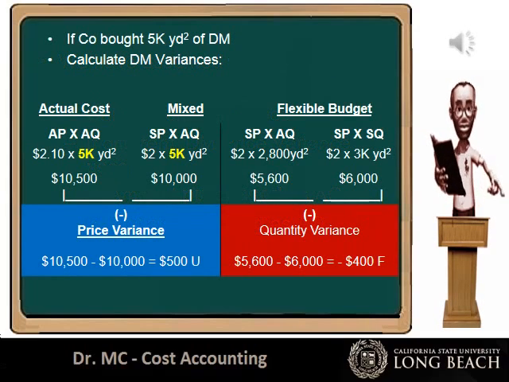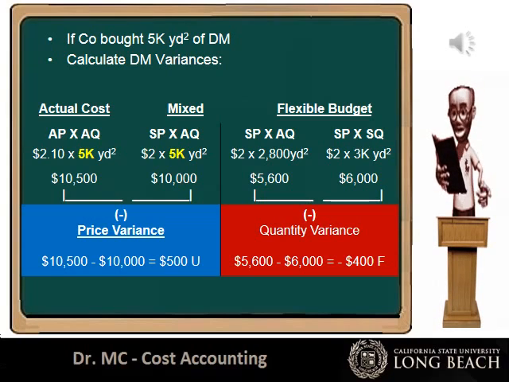Let us go back to our previous example and assume that the firm purchased 5,000 square yards of materials and used 2,800 square yards of materials to make 1,000 shirts. The calculations for the materials quantity variance remain unchanged. It is still a $400 favorable variance calculated using 2,800 square yards of materials.